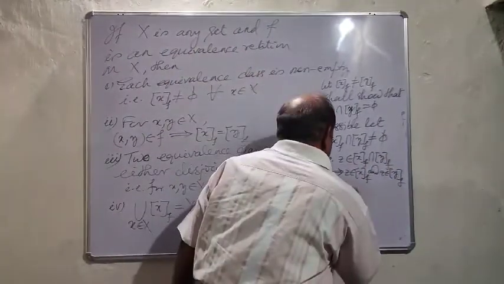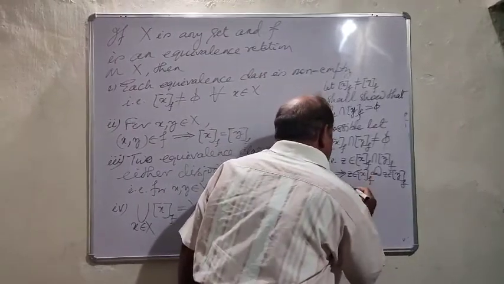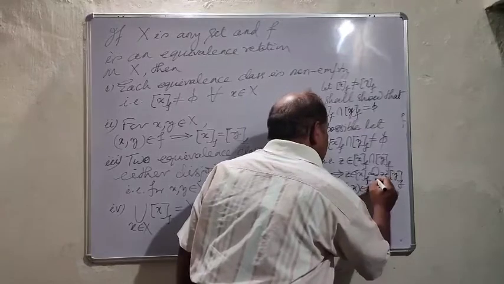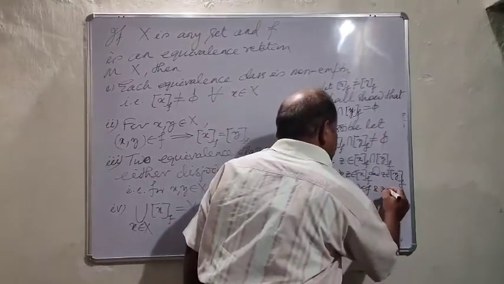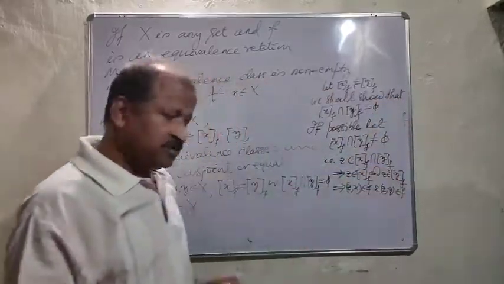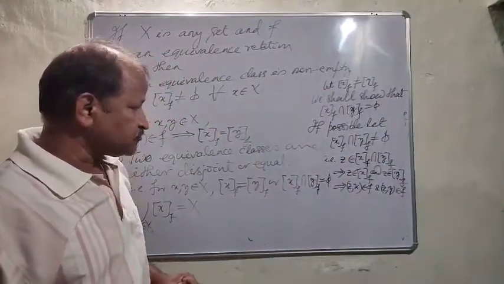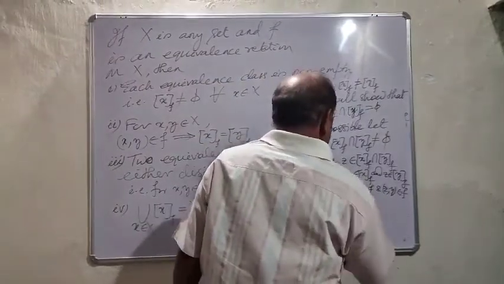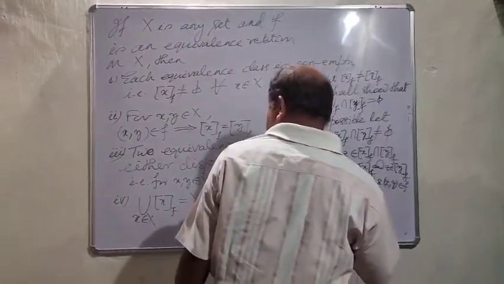So, as it is here, what can we conclude? That Z is related to X and Z is related to Y, with the same relation.